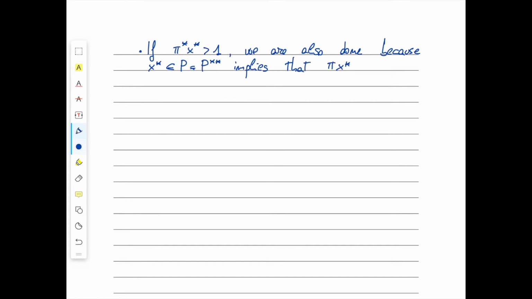If pi star x star is larger than 1, we are also done, because we have that x star is in P, but it's also in P dual of the dual, which implies that pi x star less than or equal to 1 is valid for P star. So let me go back.